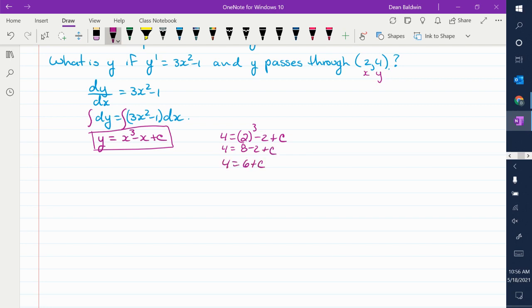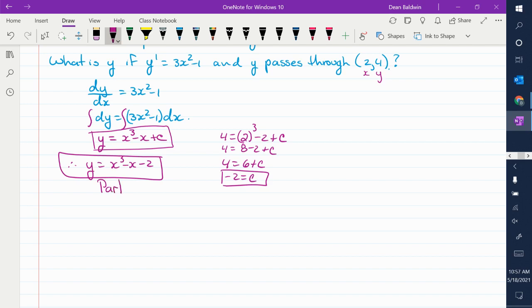Six plus c, so c is equal to? So negative 2 is equal to c. Therefore, y is equal to x cubed minus x minus 2.